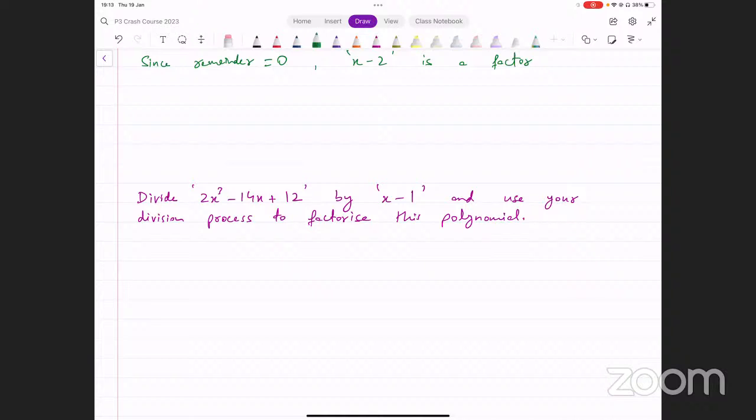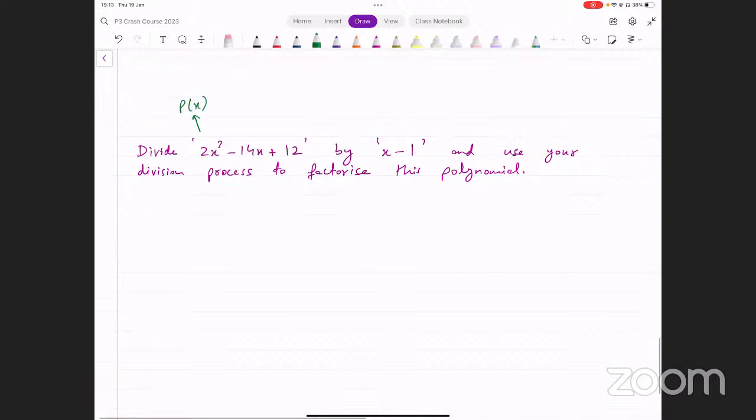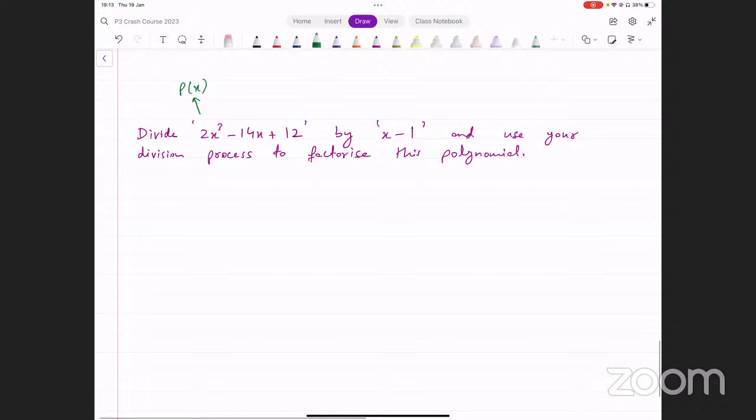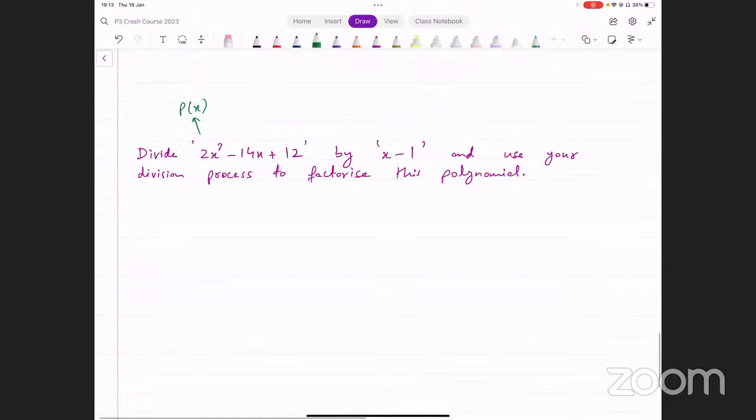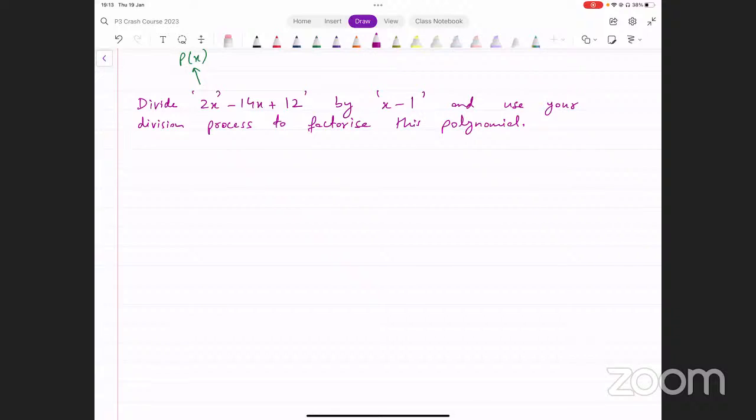This is the polynomial that we're trying to factorize. इसको हम p of x कह लेते हैं. ठीक है? So what they're saying is divide 2x cubed minus 14x plus 12 by x minus 1. Division करनी है. So basically you have to use the long division method. Find the remainder and the quotient, and then use that to somehow factorize this thing. So let's try this, and then we'll try to understand how we can do this factorization.